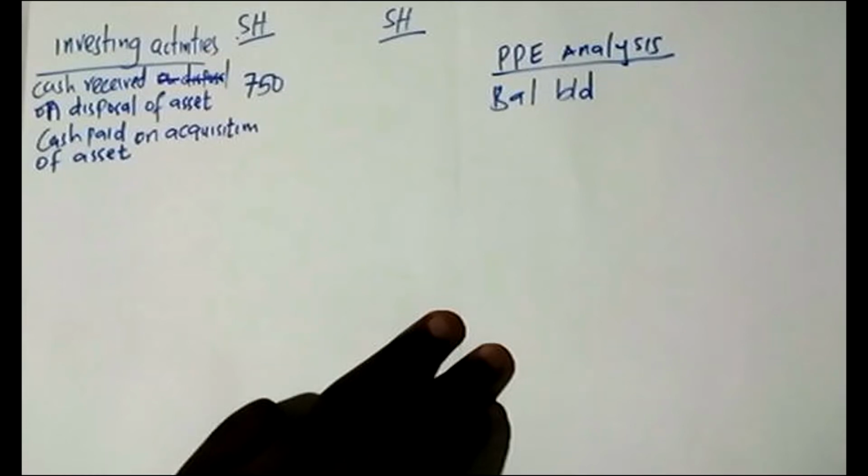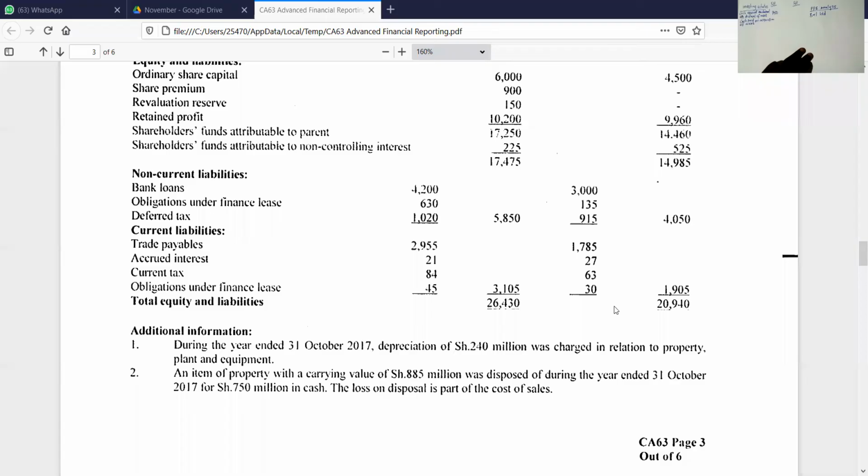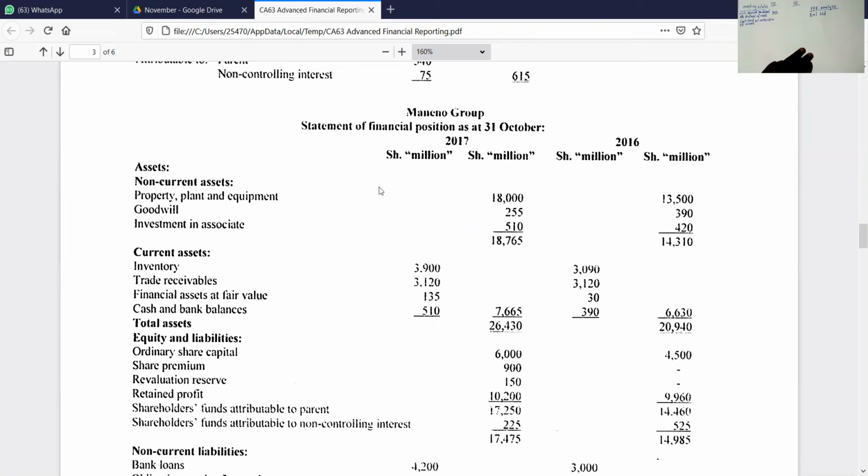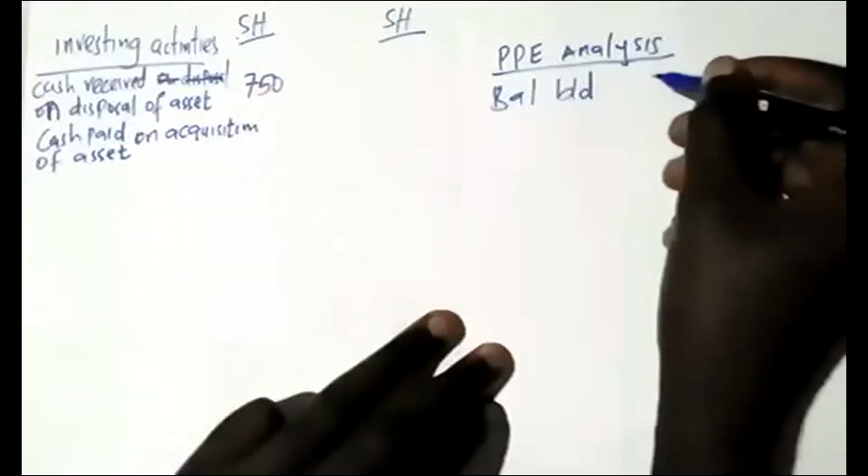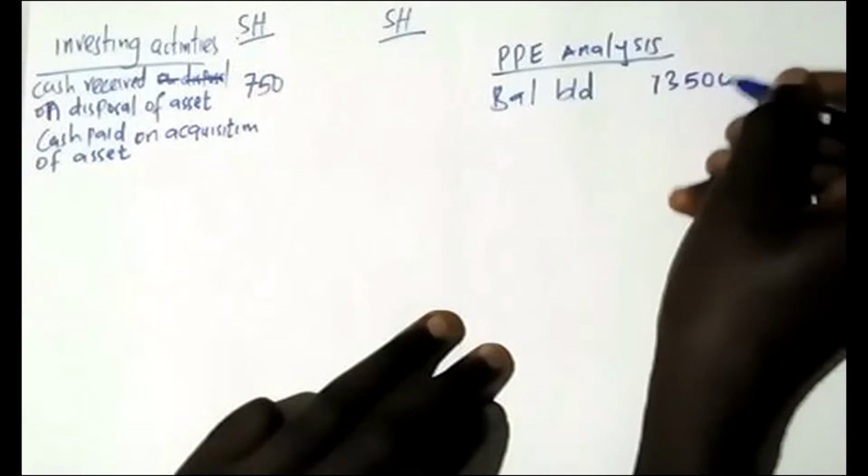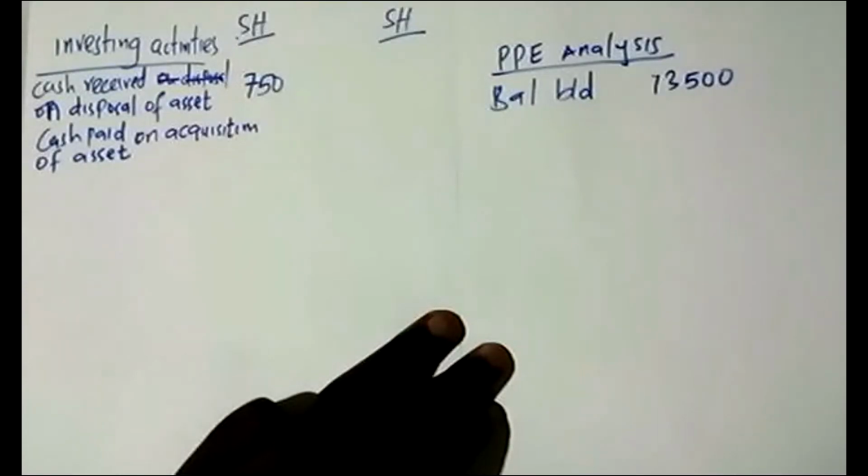The balance brought down for the PPE, property, plant and equipment, is 13,500. After that, we go from note 1 to the last one.